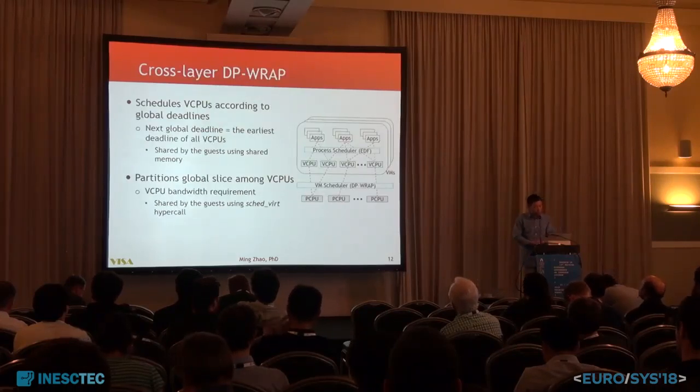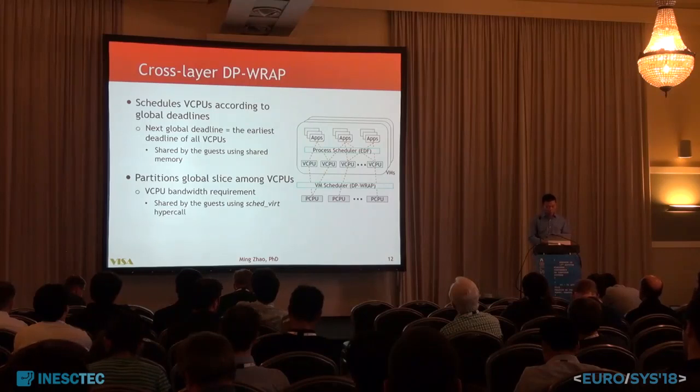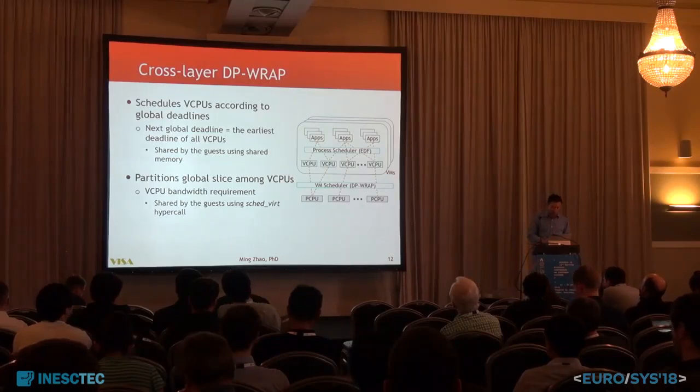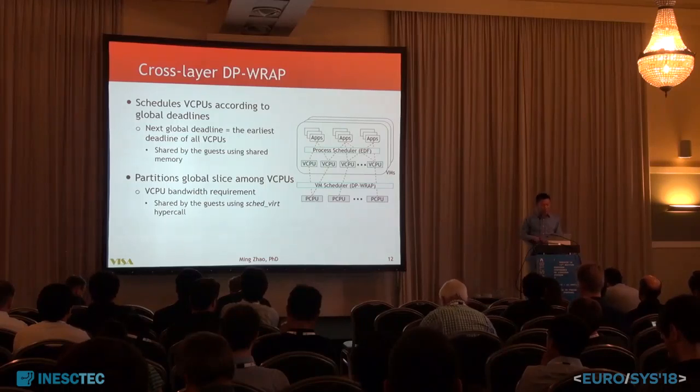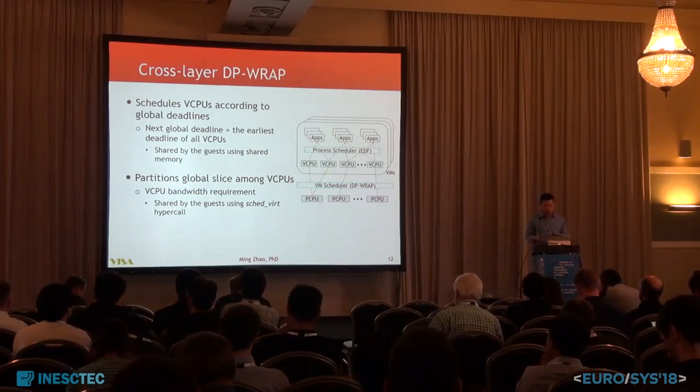Now, to make it work for RTVirt, what we did in this cross-layer version of DP-Wrap is that the host scheduler will use DP-Wrap to schedule all the vCPUs according to the vCPUs' deadlines. Instead of using DP-Wrap to schedule processes, we use it to schedule vCPUs.